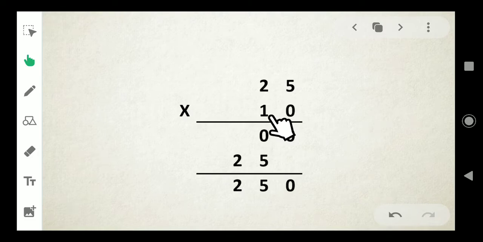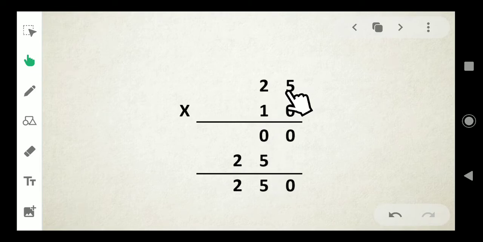When we are going to start with the second digit, that means number in the 10th place, write the answer just below it. That means the same place itself. Starting with ones place every time. If you are considering the number on the 10th place, you should start from the 10th place itself.